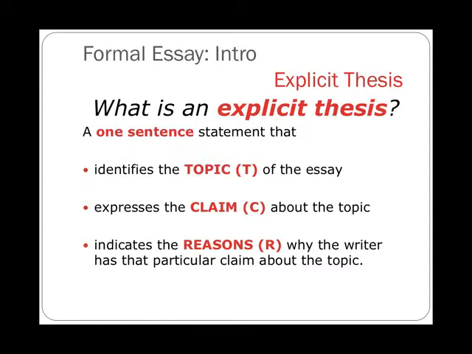The reasons will often be in parallel structure, as dependent clauses or as phrases in a list at the end of your thesis. You want those reasons to be in subordinate or less important phrases in your thesis so that the topic and the claim, the two most important things, can really shine in that explicit thesis statement.